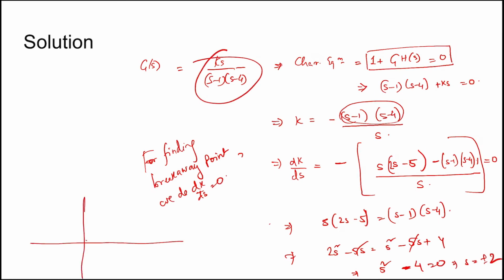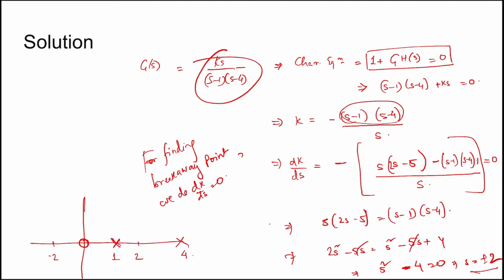Now s = 0 is a zero, so at the origin one zero is there, and here is 1 and here is 4, the two poles. Now the breakaway point can be at +2 or -2.